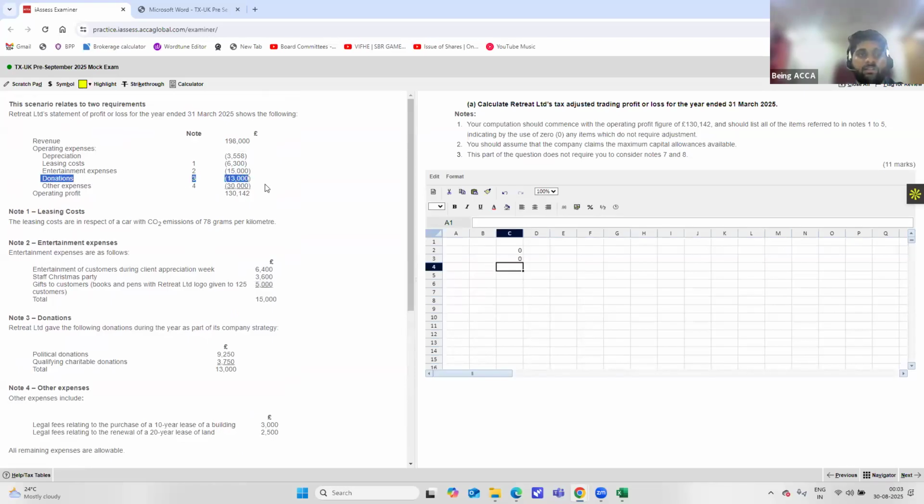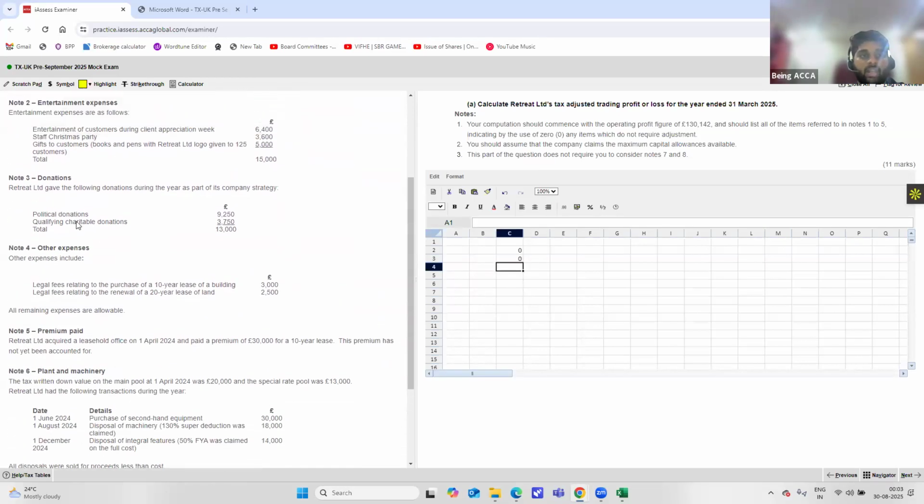Next, donations of 13,000 have been deducted. It says political donations. Are political donations always allowed or disallowed? Always disallowed, so they should be added back. QCDs, allowed or disallowed?